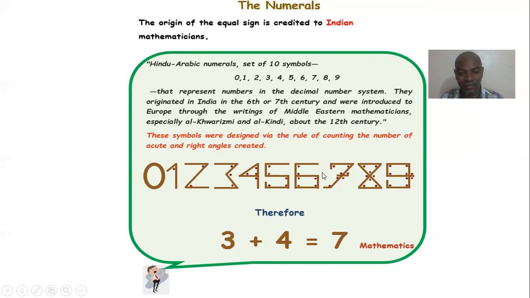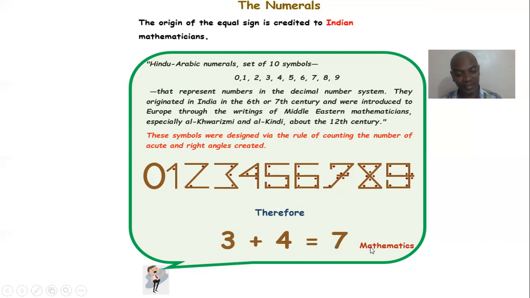So you can see the whole attempt to create symbols to represent what we perceive, in order to communicate. So now, instead of writing words, we write those symbols, but when we read it, we still have to say the words. 3 plus 4 is equal to 7, and we call it mathematics.